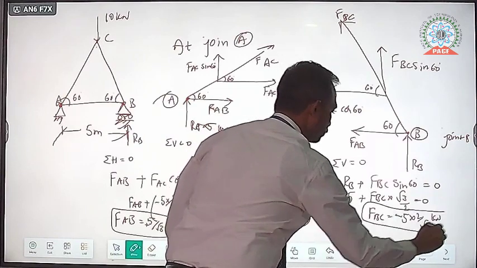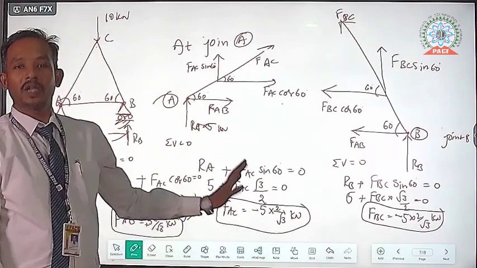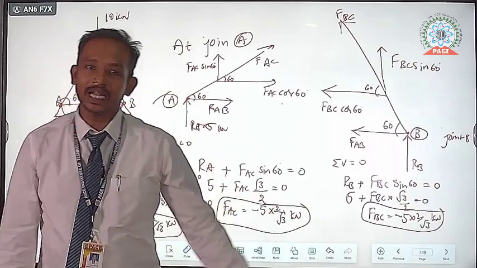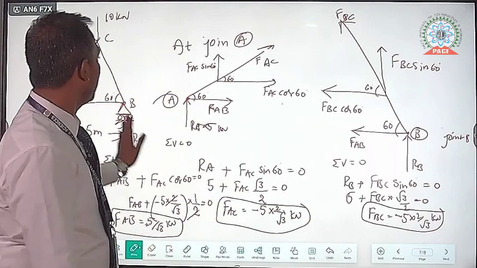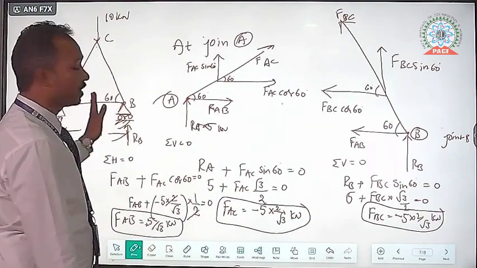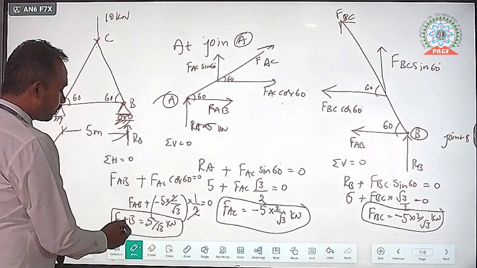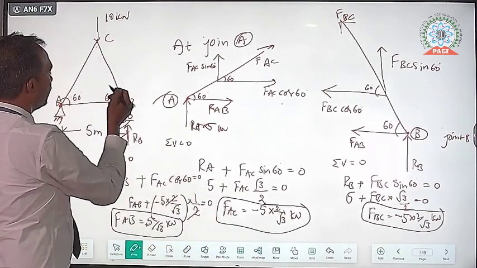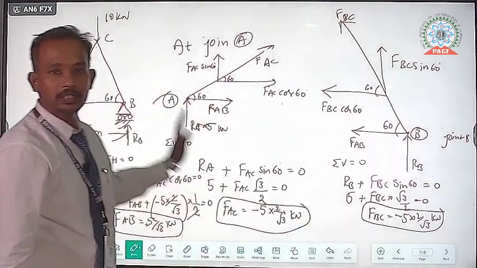Like this we can analyze the member forces in these trusses. And we can observe these two values, FAC and FBC, are the same. Why? Because this is a symmetrical section.